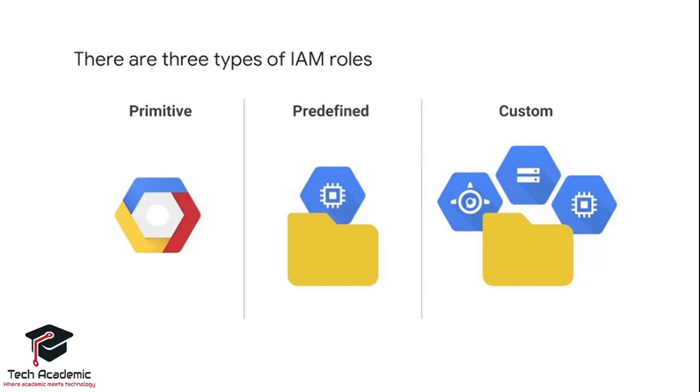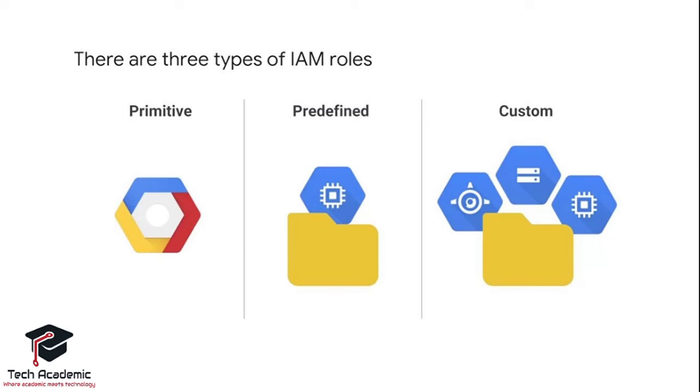IAM predefined roles apply to a particular GCP service in a project. There is a difference between primitive and predefined. Predefined roles are applied to a particular GCP service and primitive roles are applied across all GCP services. Basically, GCP services offer their own set of predefined roles and they define whether those roles can be applied or not.